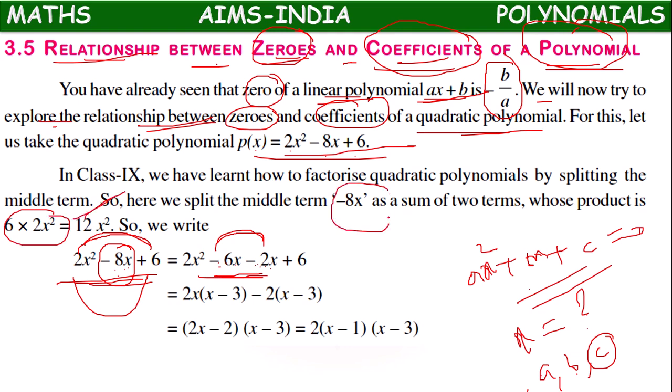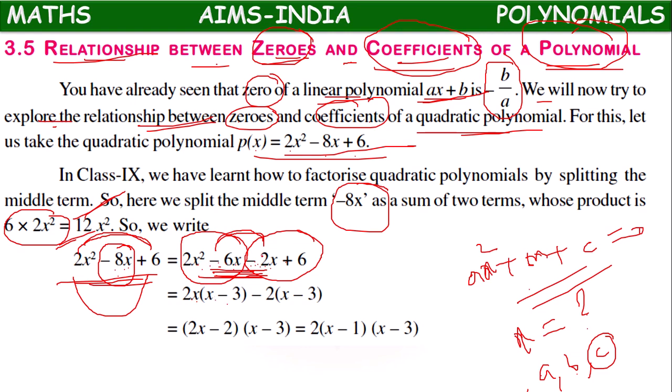The middle term minus 8x is split as minus 6x and minus 2x, whose product is equal to 12x square. Let's make the first two terms one group and the next two terms another group. In the first group, take 2x common, leaving x minus 3.